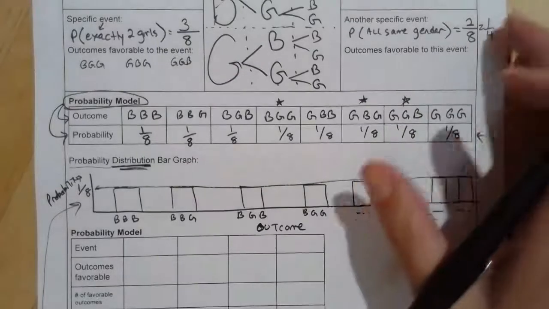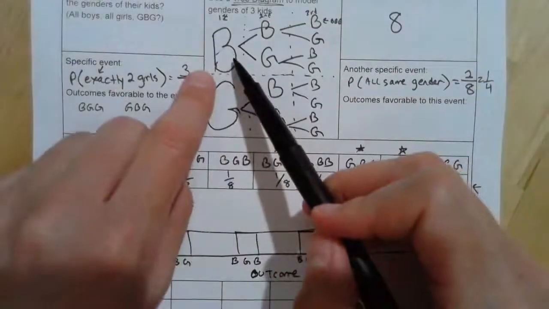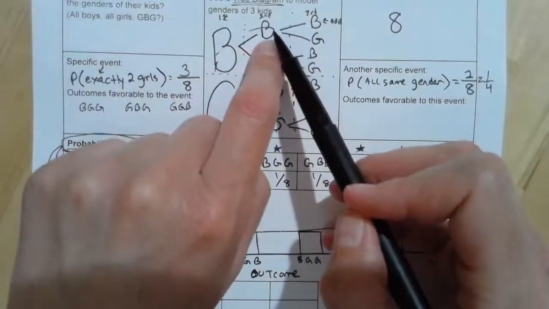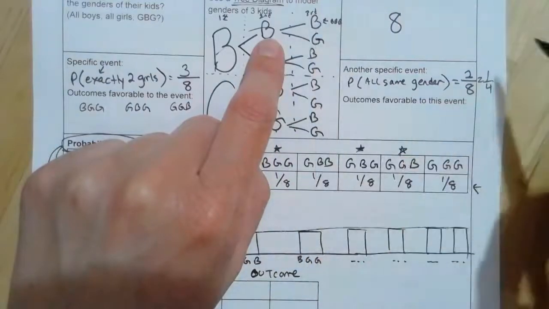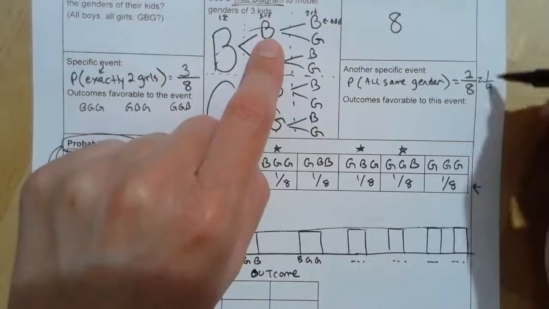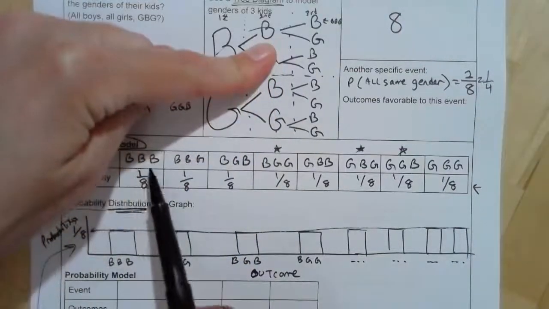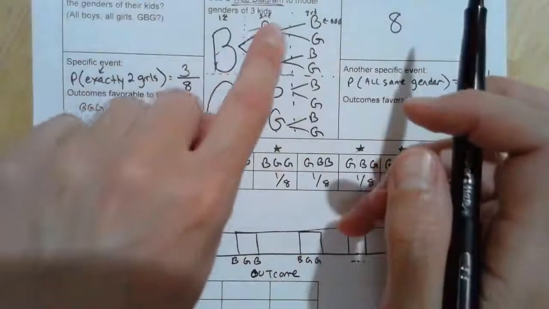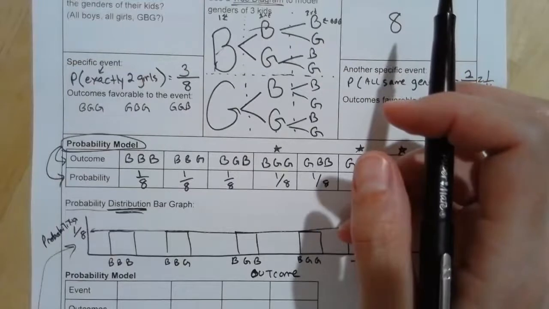Now, I want to just mention really briefly that if a couple already has a boy, and then they have another kid, and they have a boy again, when we're looking then at the probability that they're going to have a 3rd boy, it is no longer 1/4 anymore. Or it's not even before all 3 boys, but it was only 1/8. They have already traveled down this path. So this is just a brief mention for something that might come up in future statistics classes.